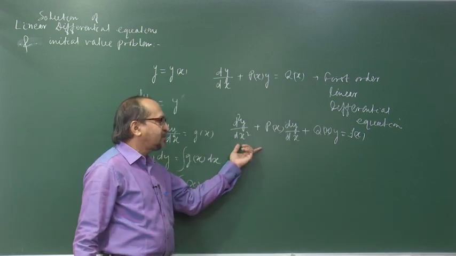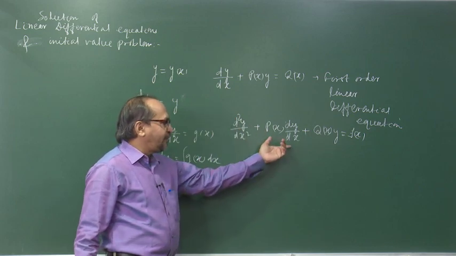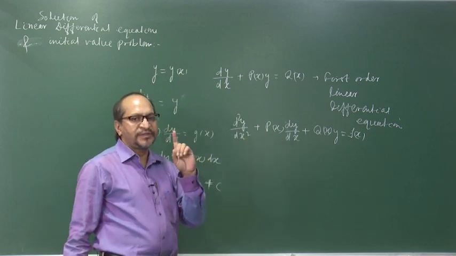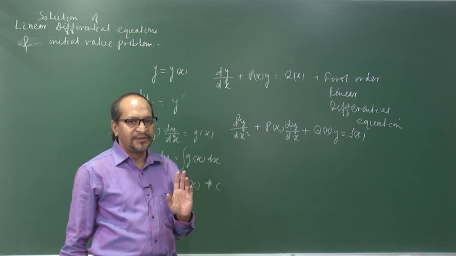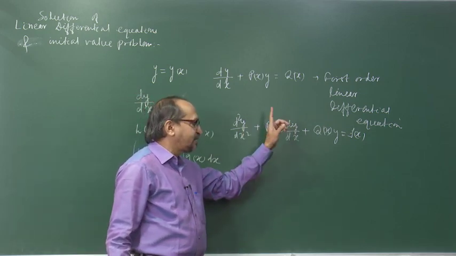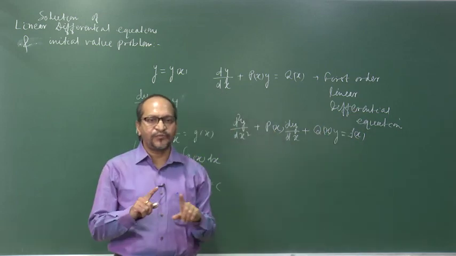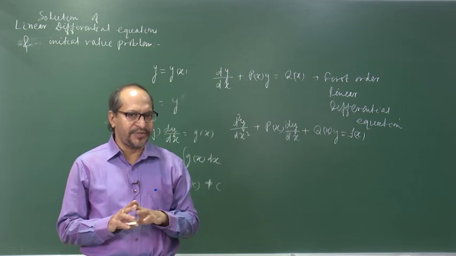So, this is a second order differential equation, and in every term you can find only a single power of either y or its derivative. Here d square y by dx square has power 1, dy by dx has power 1, and y has power 1, and in addition there is no product of the dependent variable and its derivative.